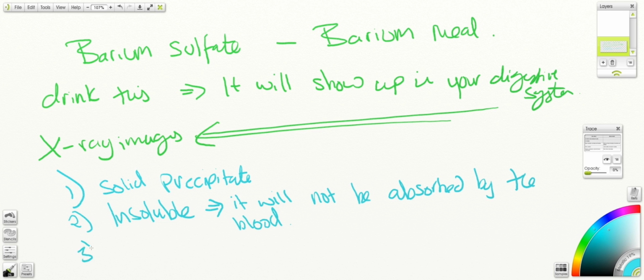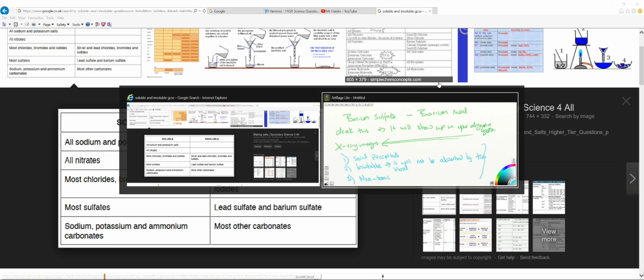And finally, this is non-toxic, so that's always a positive thing. Because of these three things, it's very safe to swallow the barium meals. Okay, and so that concludes precipitates and solubility. I'll see you on the other side.